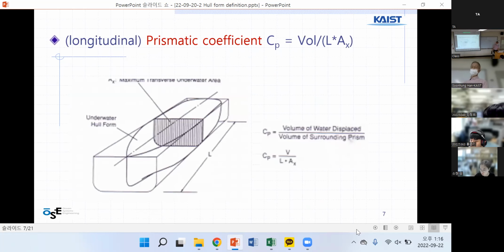Prismatic coefficient is also another ratio, but not a box. It is the extension of the maximum area into the length L, and then the volume is the same. We call this the prismatic coefficient.